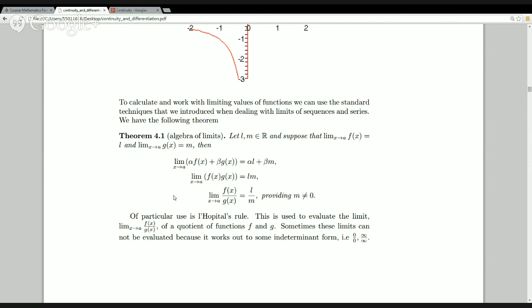Because another author might well write down these properties for the limiting values of functions using completely different symbols and completely different notation. So it might look completely different on the page, so trying to memorize these properties in terms of alpha F's and beta G's is perhaps not the best way to go about it.